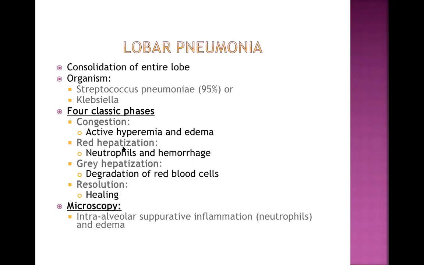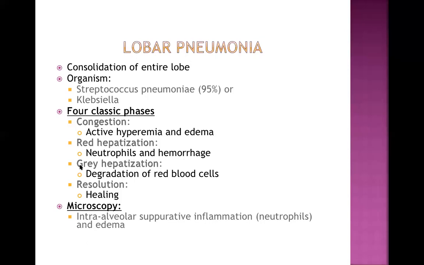Let me remind you once again, lung is a spongy organ and liver is a solid organ. Now that spongy organ is getting solidified. This is called red hepatization. Along with RBCs, a lot of neutrophils will go into that area.